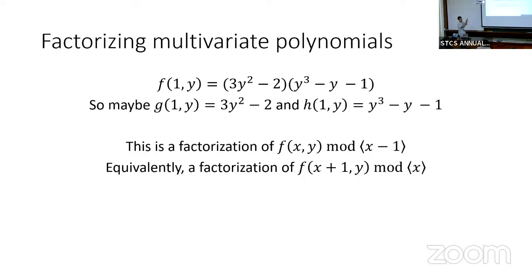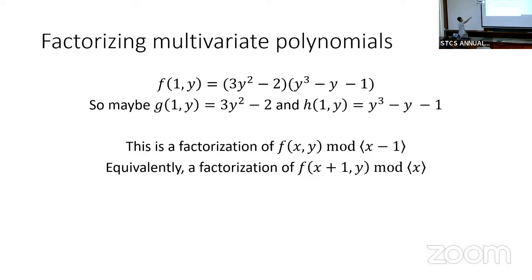Instead of x and x minus 1, I have x plus 1 and x. So all this is saying is you take your original polynomial, and instead of x, you plug in x plus 1. Now, if you plug in 0 here, it is the same as having plugged in 1 in the earlier case. So I'm going to work with this shifted polynomial.